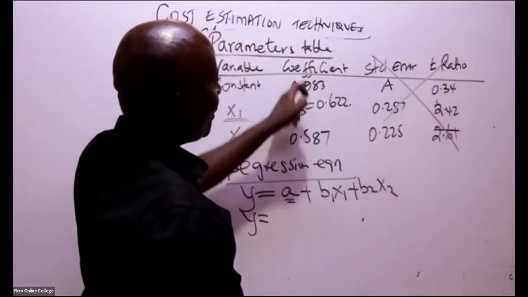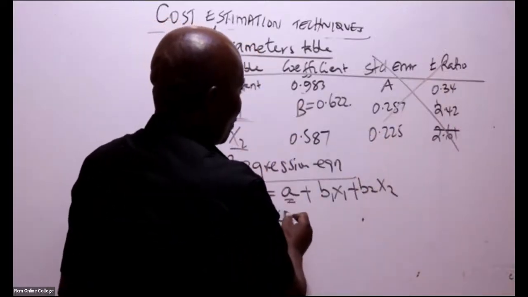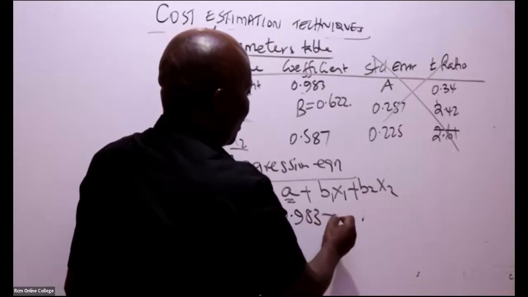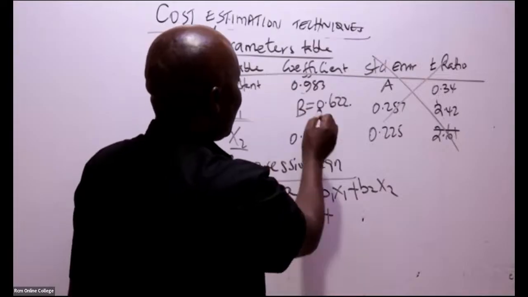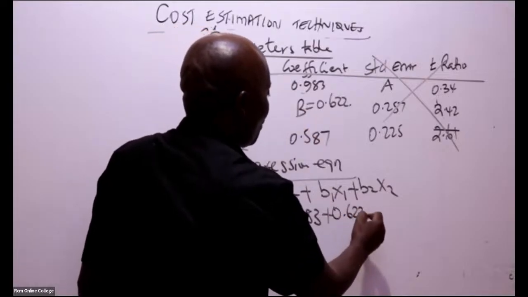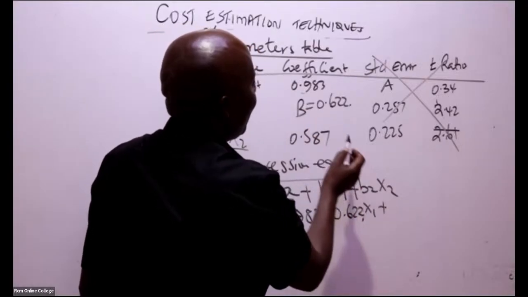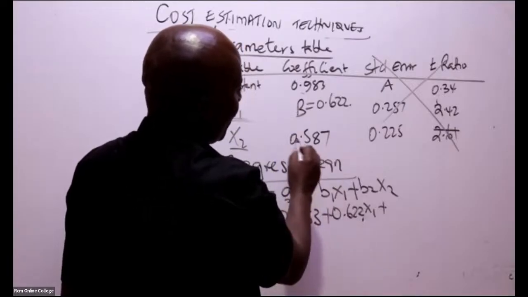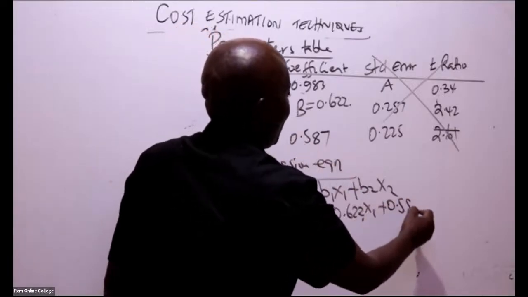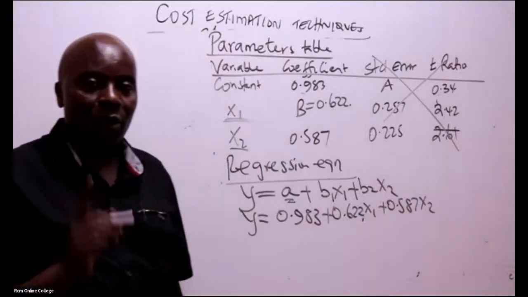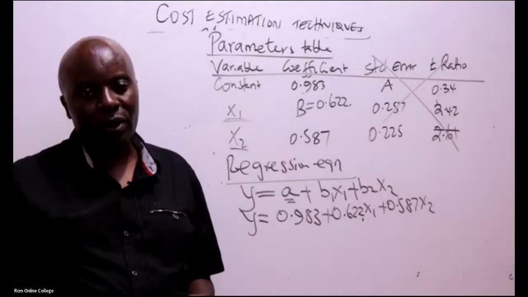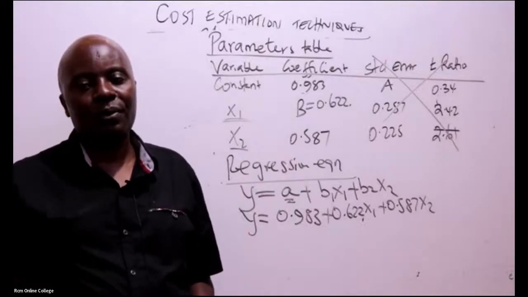We are only looking at these parameters. So the constant is 0.983, plus the coefficient of X1, 0.622 X1, plus the coefficient of X2, which is 0.587 X2. This came last semester, and most of you were not even able to answer that question. It was a straightforward question.